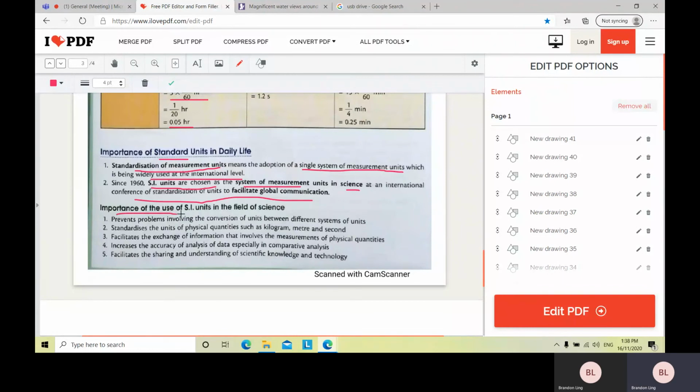So what is the importance of knowing this? To prevent problems involving the conversion of units between different systems of units, to standardize the units, facilitate the exchange of information, increase the accuracy of analysis of data, and facilitate the sharing and understanding of scientific knowledge and technology.